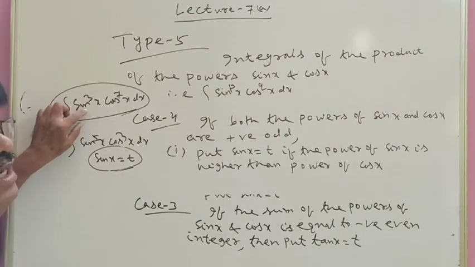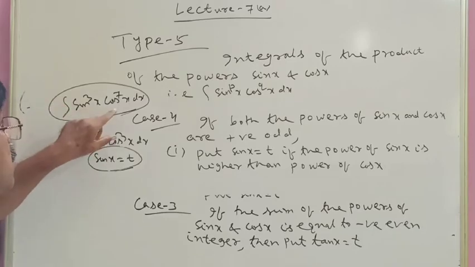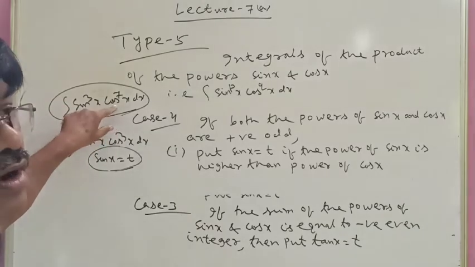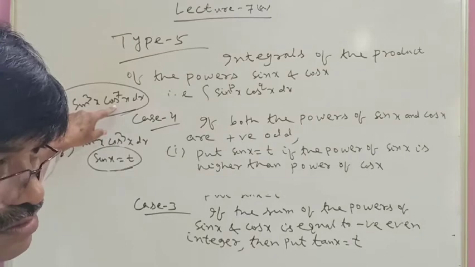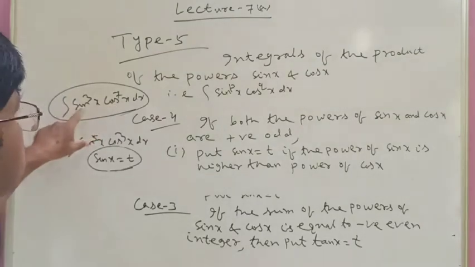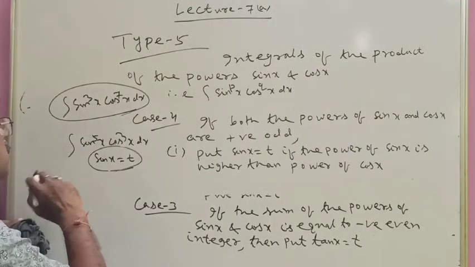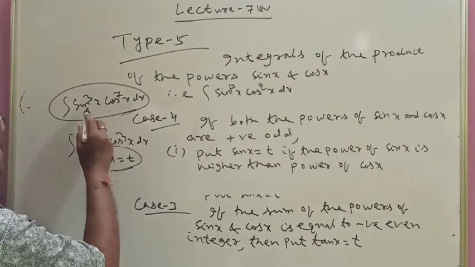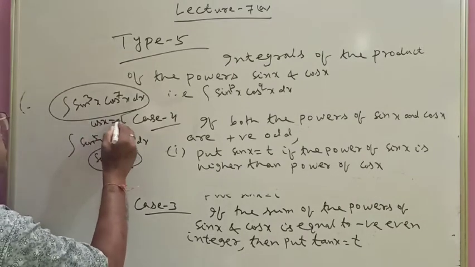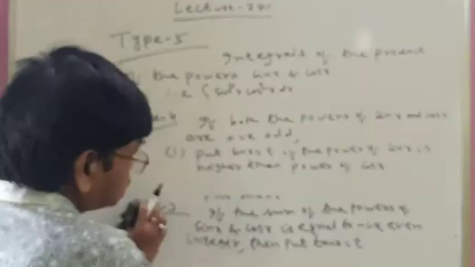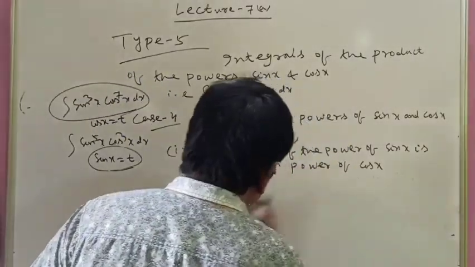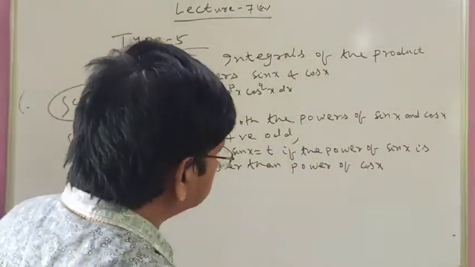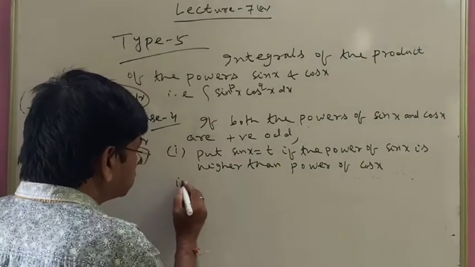So here the power of sin x is positive odd, you can take cos x equal to t. And if the power of cos x is positive odd, that is case 2, you can take sin x equal to t. So here you can take both, but for time saving purposes, here you will take cos x equal to t, and you can save more steps.